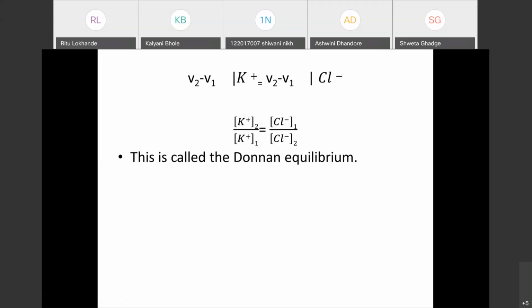So after equating, you get that the concentration ratio 2 to 1 for K plus is equal to the ratio 1 to 2 for Cl minus, and this relation is called Donnan equilibrium.